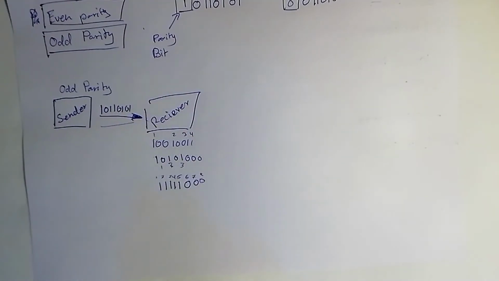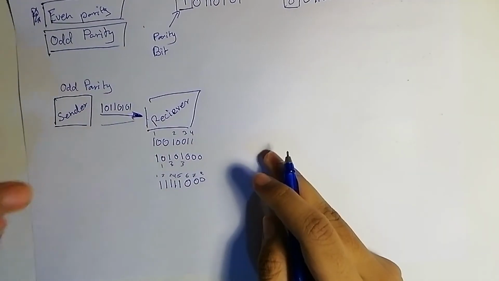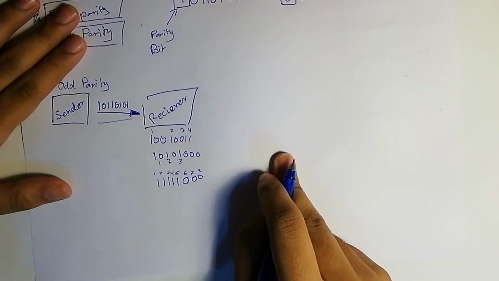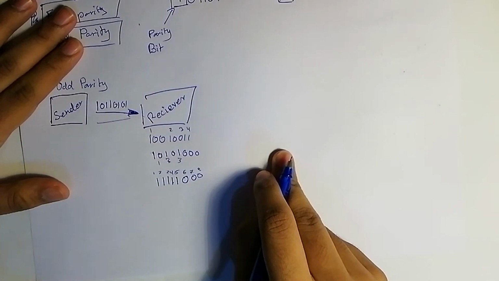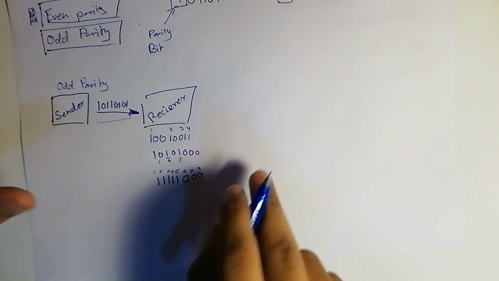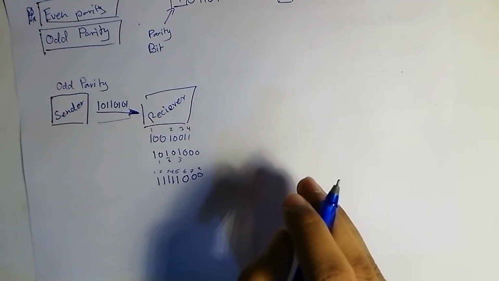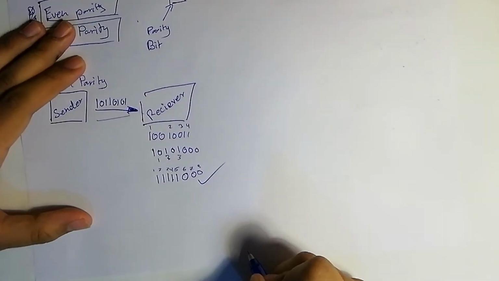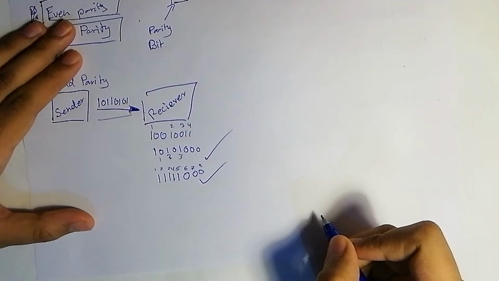Let's say it receives this. We still have an odd amount of ones, but they're in the wrong places. So obviously again the data has been transmitted wrong. But there's still an odd number of ones. So according to odd parity, this is still correct, and so is this.